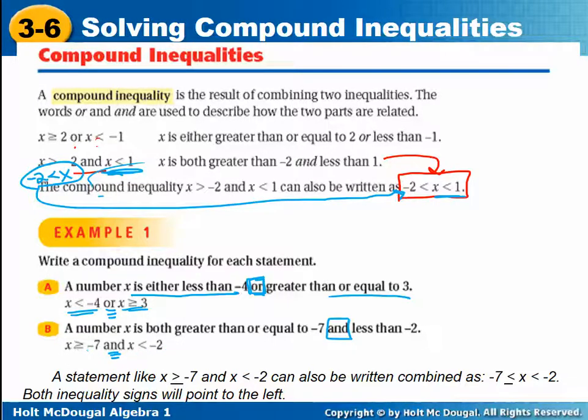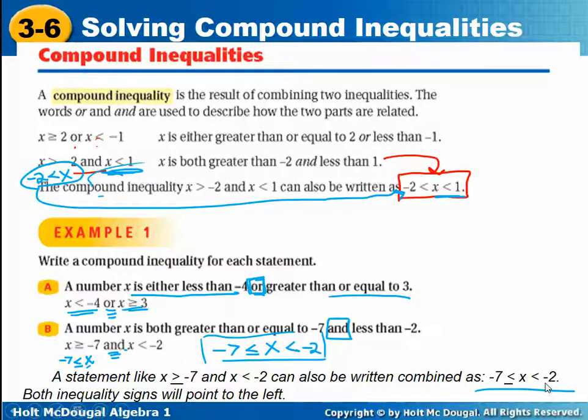If you rewrite the first one with the x on the right side, that would be the same as -7 is less than or equal to x. Once you have the x in the middle of both on either sides of the and, then you can combine this to be -7 is less than or equal to x and less than -2. So this would be our final answer as I wrote here.